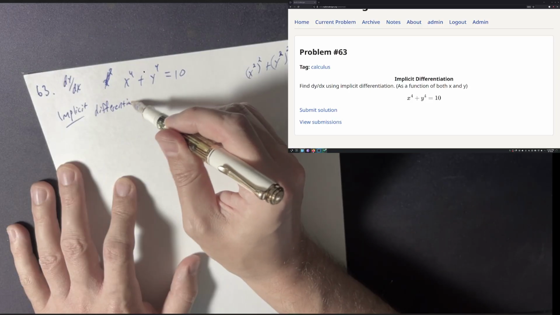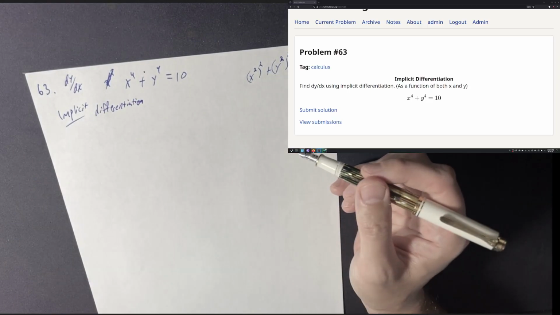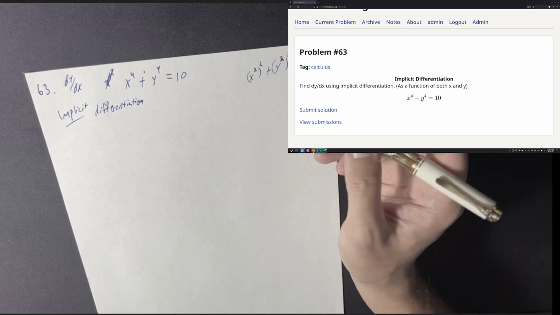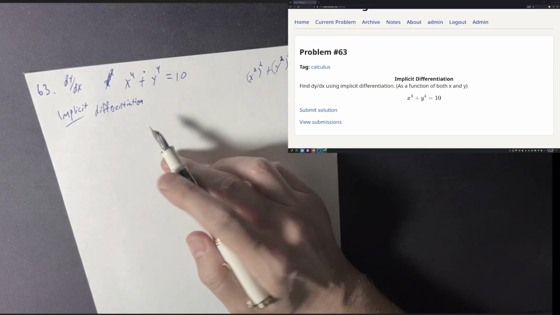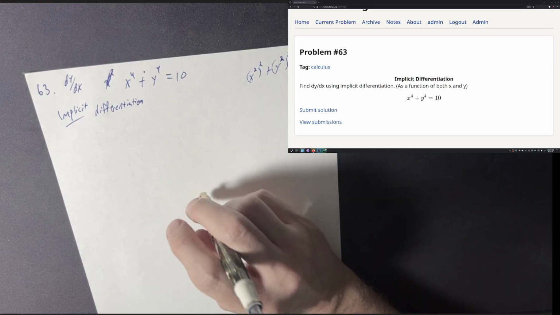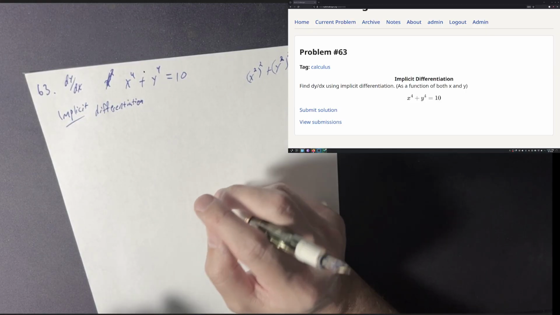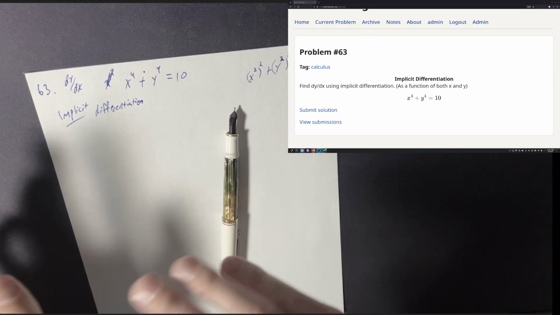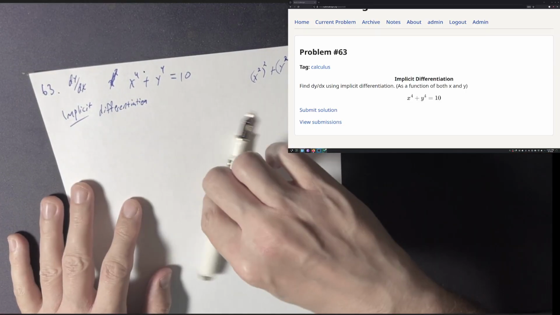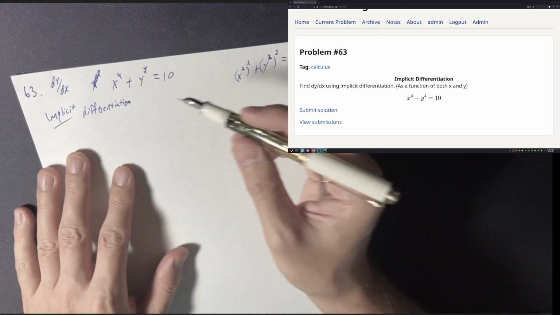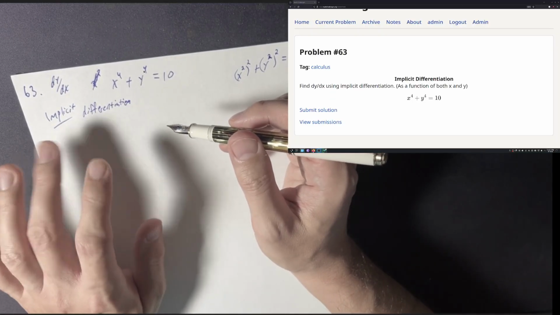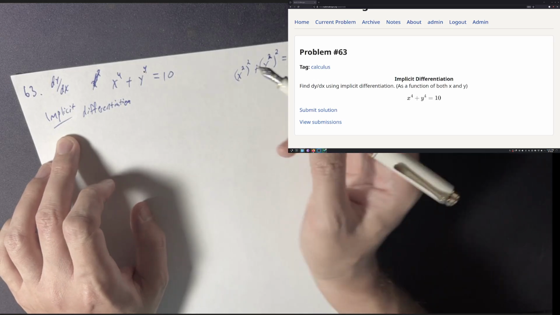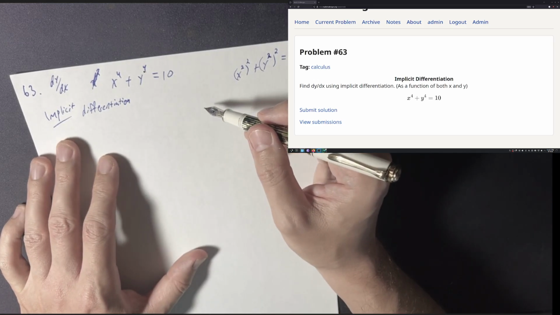Generally, if you're a calc student, as soon as you see the word implicit, you're off and running. This is a whole method that you use. Before you're taught implicit differentiation, you're taught the chain rule.